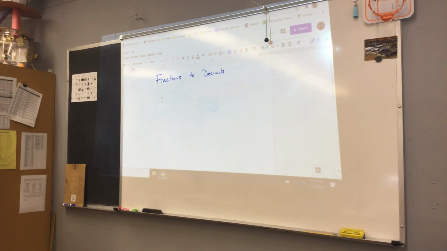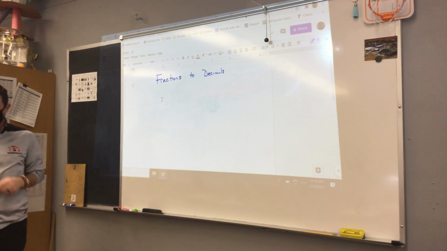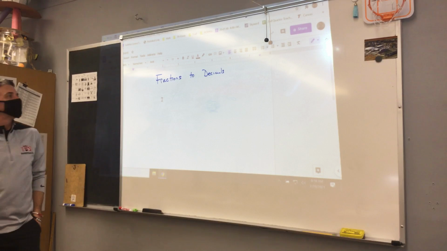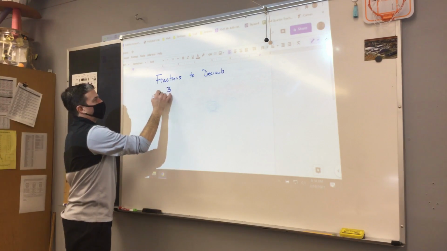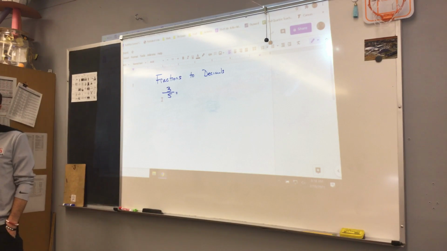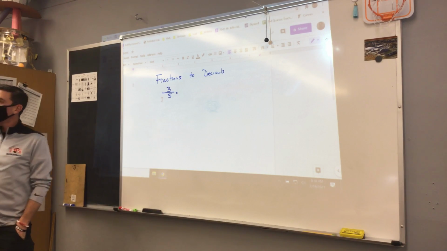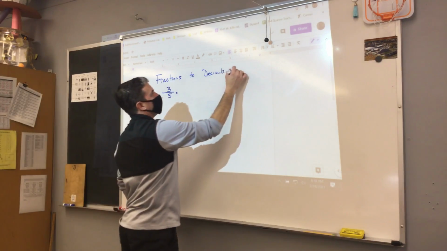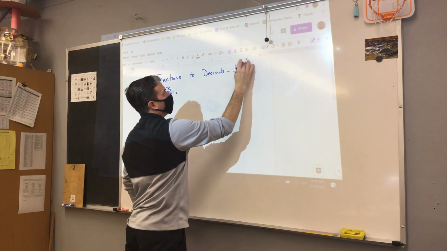Fractions to decimals. How do you do a fraction to decimal? So a fraction being 3 over 5. How do you do that? What do you do? You have to get the bottom to 100 and multiply the numerator.